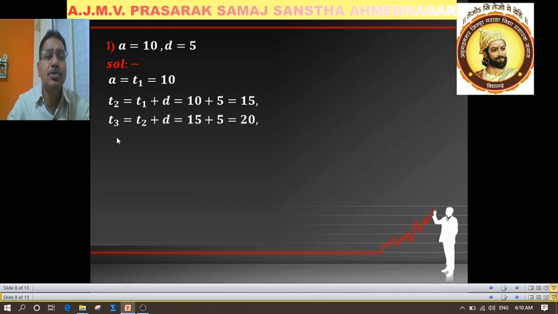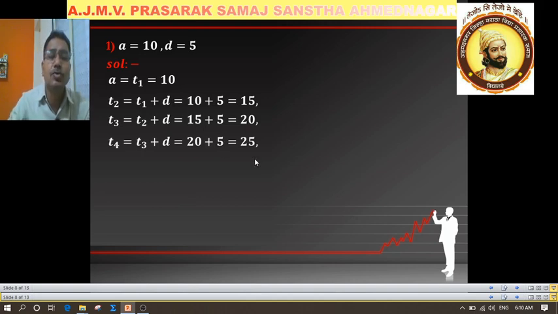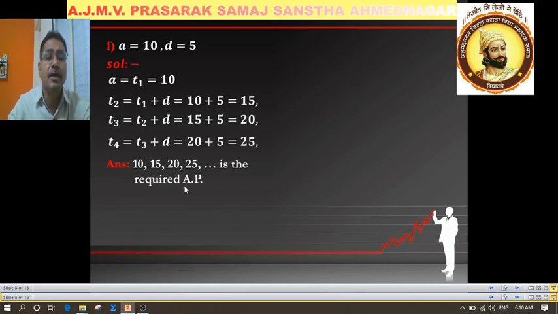Then T3 is equal to T2 plus D, again adding common difference to the previous term. So 15 plus 5 which is equal to 20. Now find out T4. T4 is equal to T3 plus D, 20 plus 5 which is equal to 25. Therefore answer is 10, 15, 20, 25 is the required arithmetic progression.